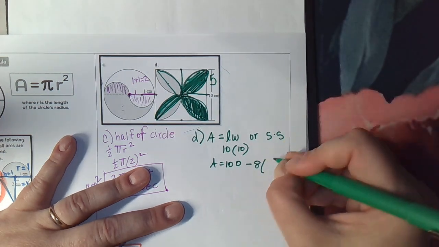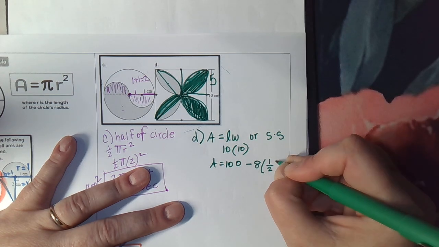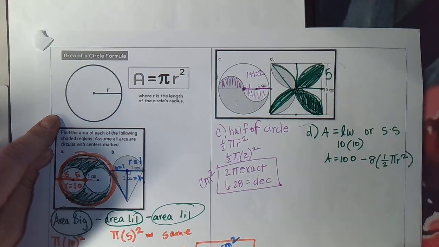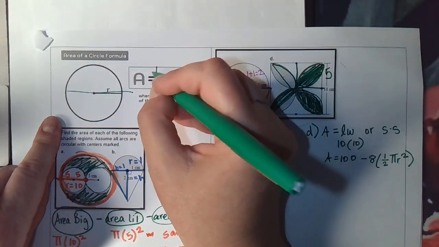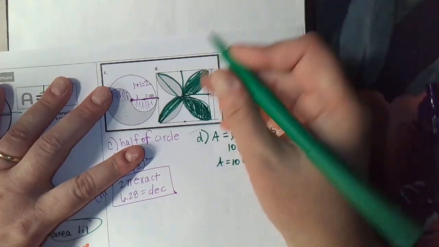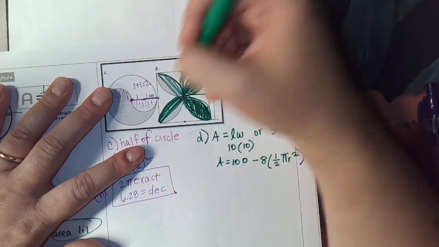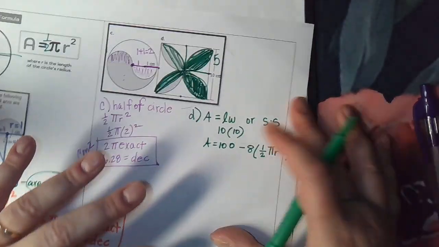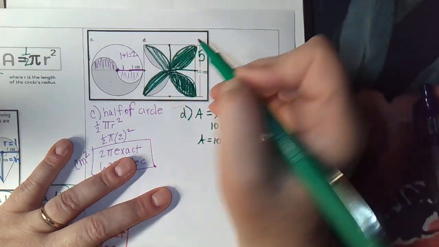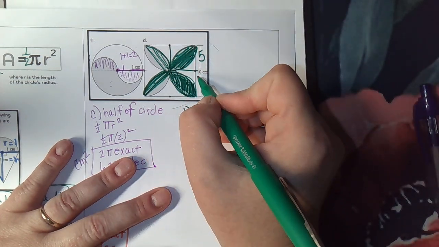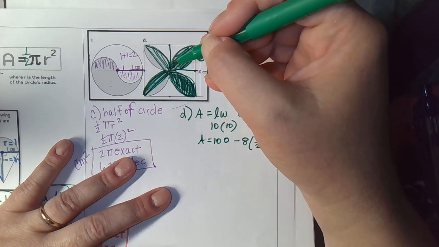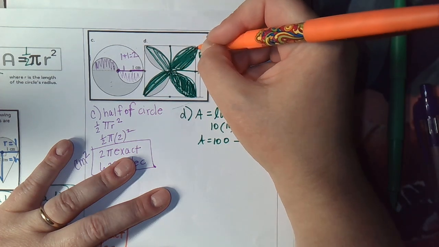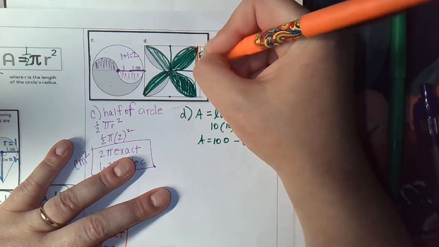So a semicircle we find by doing half of pi r squared. Because pi r squared is a circle, half of a circle is, you put a 1/2 on it. I know these don't quite look like circles, but it's the closest thing we got. Okay, so our r is the same as this halfway piece of 5.